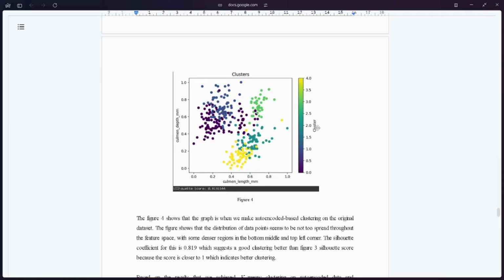Hence it makes the data points not overlap with each other, and sometimes it makes the gap and the distribution between the data points closer, or not too spread out.